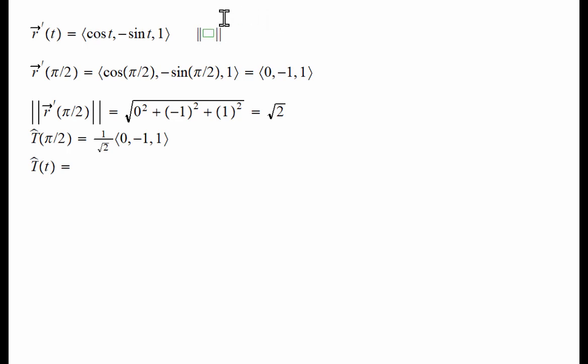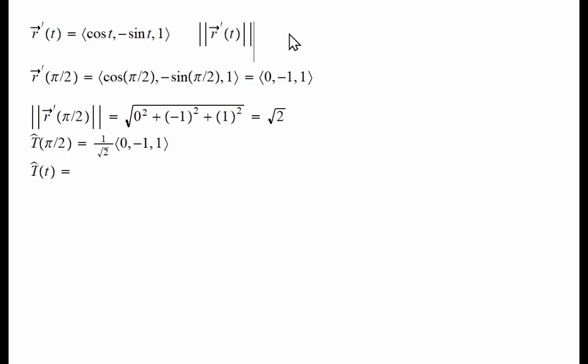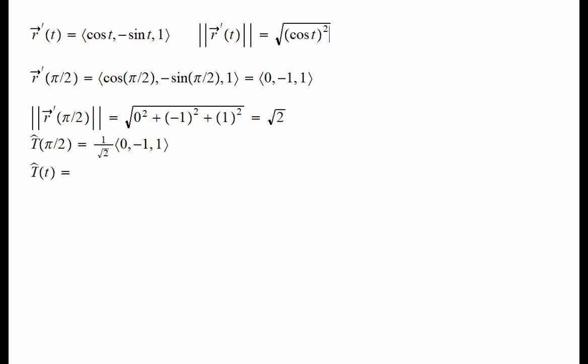Even if you compute the magnitude of r prime t at any t, then because of the Pythagorean identity, we will have cosine squared t plus negative sine t squared, which is sine squared t.